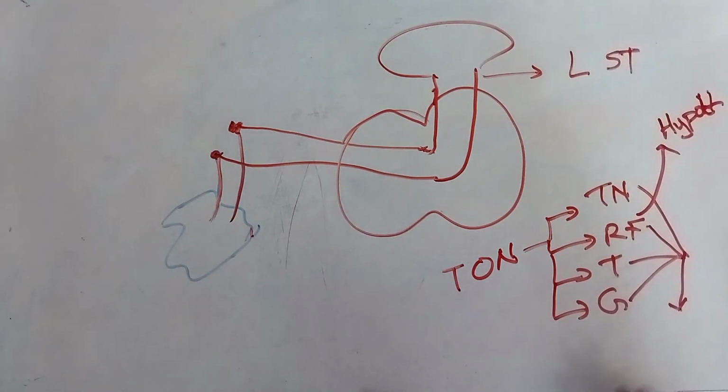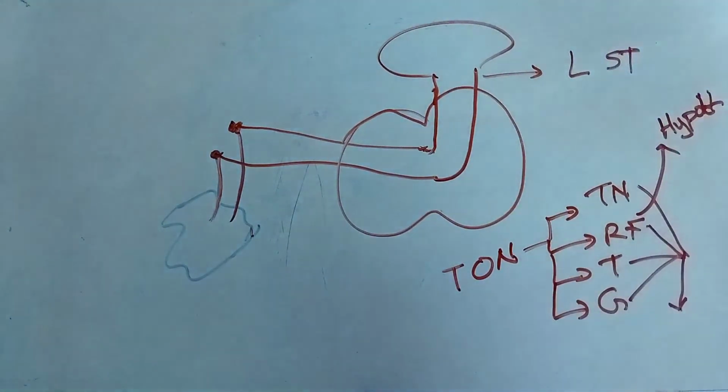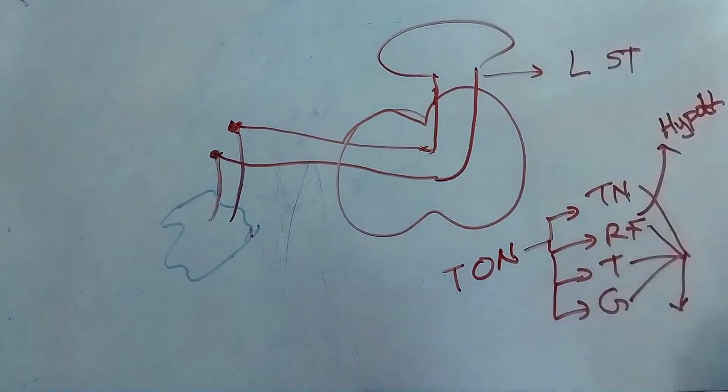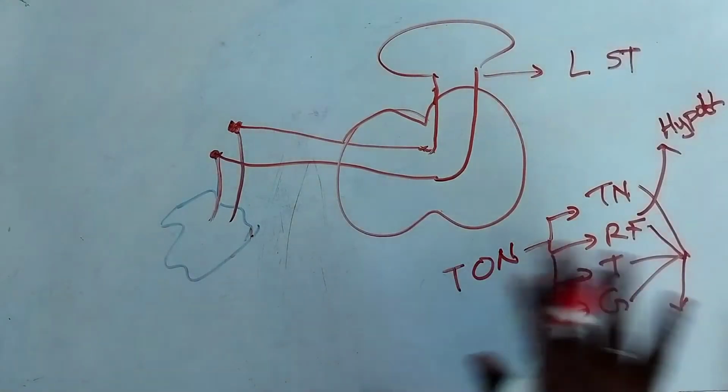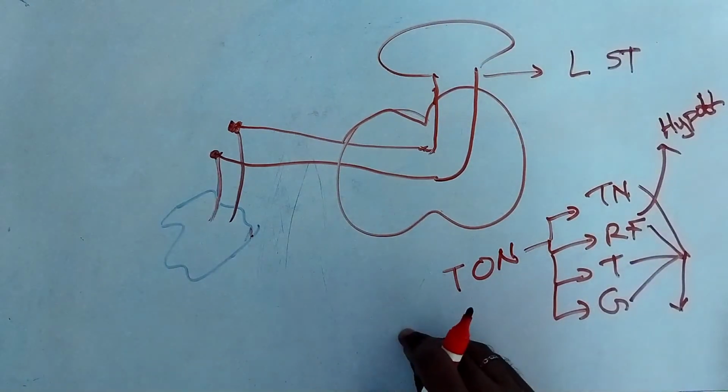Heat is one of the important things received by the skin, so some reticular fibers enter the hypothalamus to control the sensation of skin. These are the pain centers of skin.